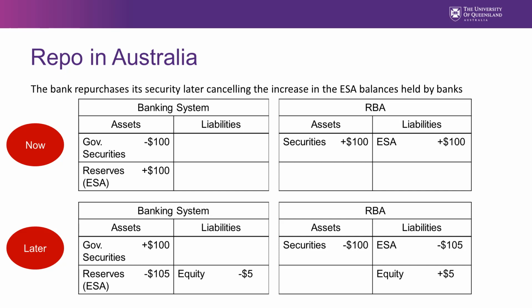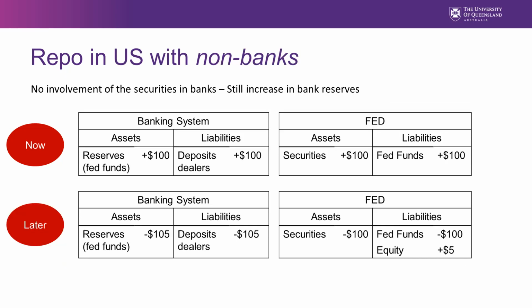If you do it with a primary dealer in the US that is not a bank, look what happens. The Federal Reserve has more security, more federal funds. Fed funds is the name for ESF in the US. What you see is in the bank, you don't have less security, because it's not them who sold the security. It's a primary dealer, and the primary dealer has an account in a bank.